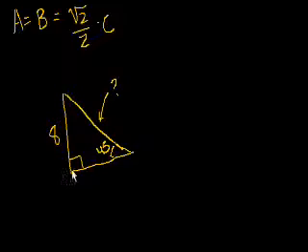First of all, let's figure out which side is the hypotenuse. The hypotenuse is the side opposite the right angle. So we're trying to figure out the hypotenuse. Let's call the hypotenuse c.